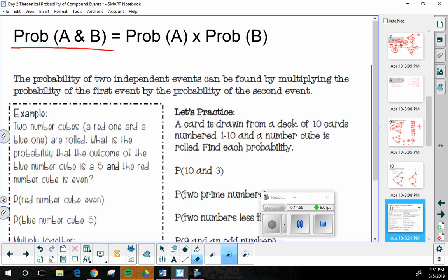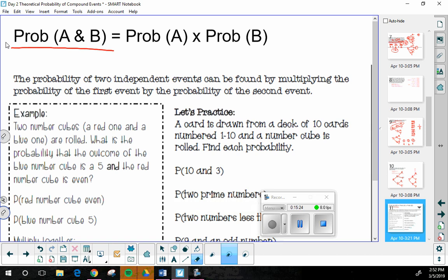This says the probability of getting A and then B, in other words, the probability of these two events happening, you figure out by taking the probability of A, the first thing, and multiplying it by the probability of B. So right now you should be writing this down because we're about to move past that. The probability of A and B is equal to the probability of A times the probability of B.